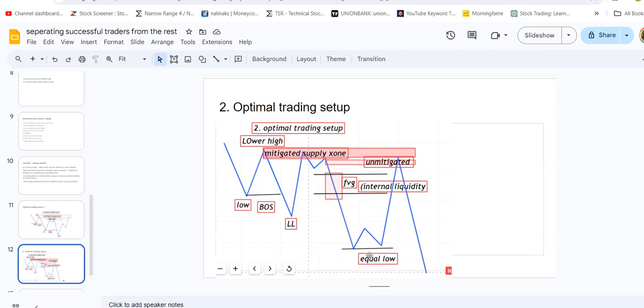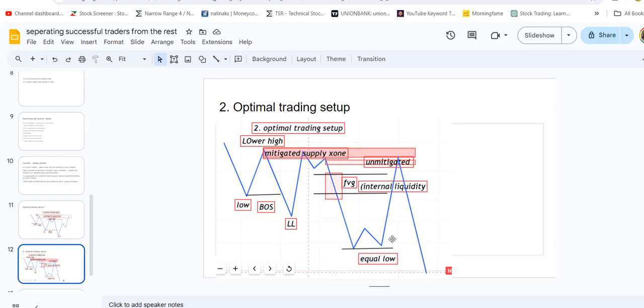So you can anticipate in advance, after seeing all these setups, the break of structure, making a lower low and equal lows, and the presence of an unmitigated order block, you can anticipate the market rallying towards that, and then continuing to the downside. Downside will be continued in this form, creating an illusion of a double bottom and making the traders enter into long positions, and then they get trapped.